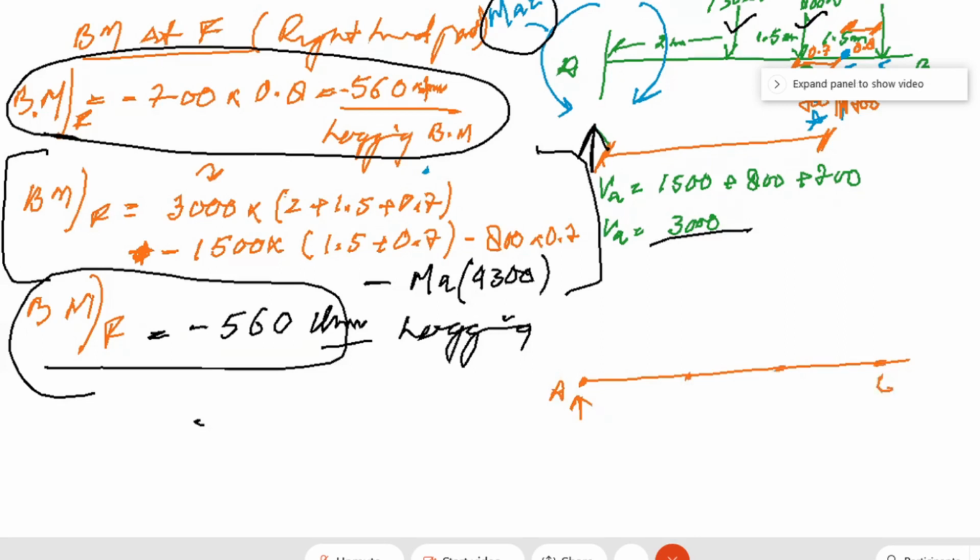We have only up till points A, B, C, and D. Now, let's say here at A, we had which load? A reacting load. It's fixed at that point, we have a reacting load. And how much is that? You have calculated VA. It is simply 3000.